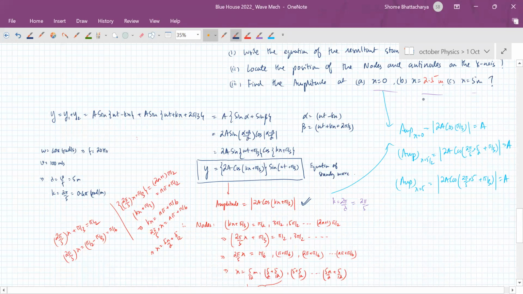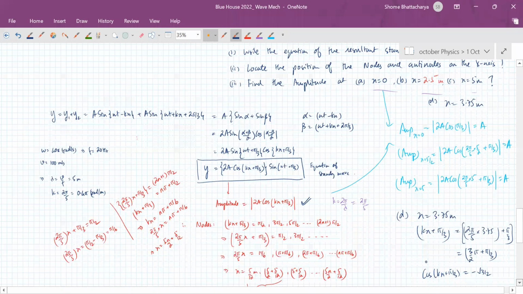But for example, if you took a point like x equal to 3.75 meters, at this point the term cos kx plus pi by 3 would have become minus root 3 by 2.